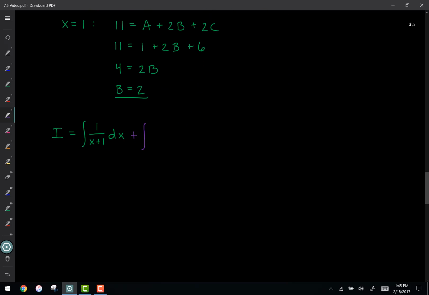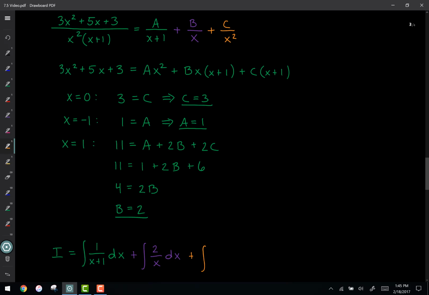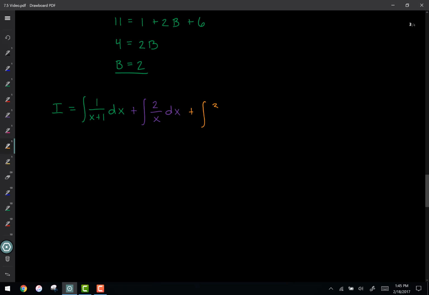We just found out that b was 2. So 2 over x dx, plus the integral of c divided by x squared, and c was 3. So 3 over x squared dx.